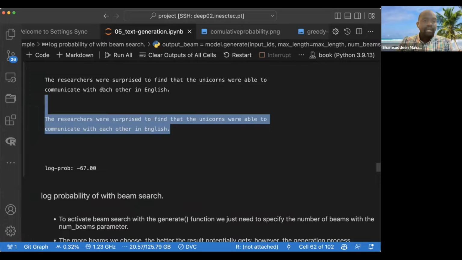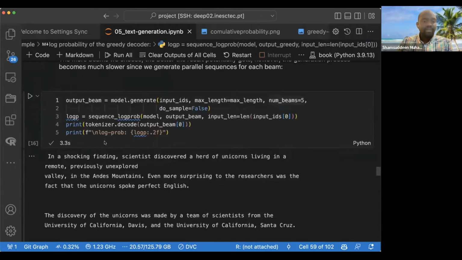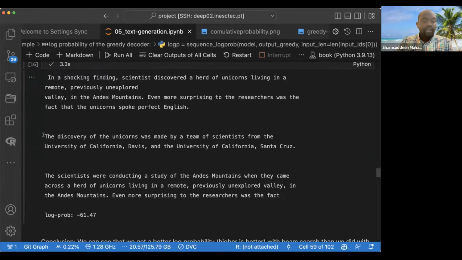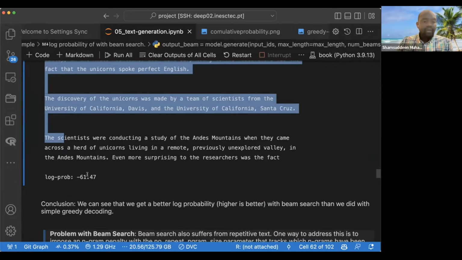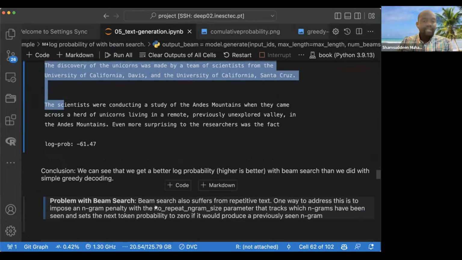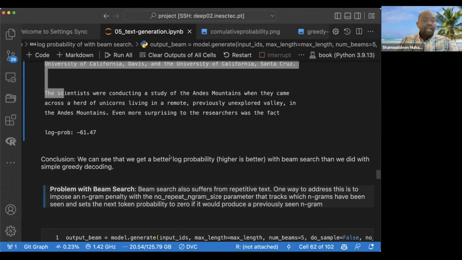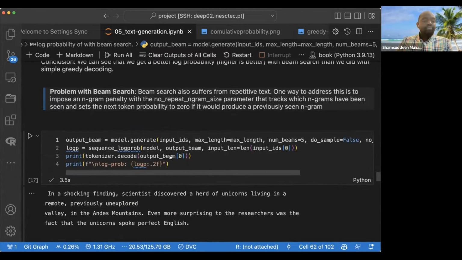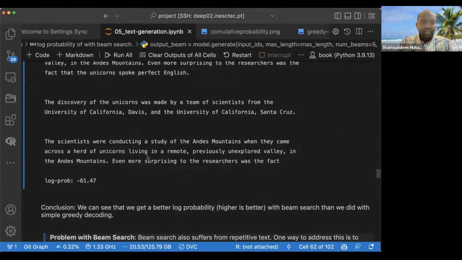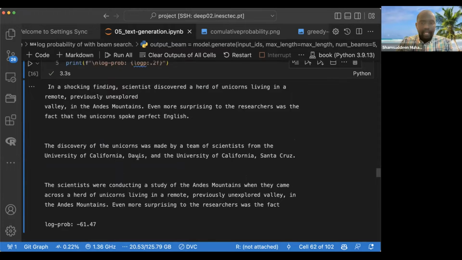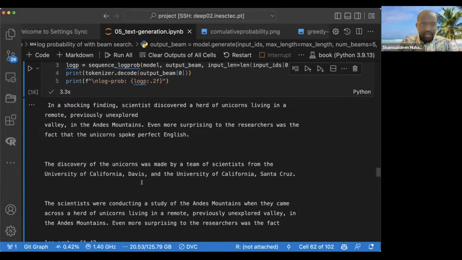The greedy search has this kind of repetition, but the beam search doesn't. And we can see that we get a better, higher log probability with beam search than we did with the simple greedy search. But beam search also has some issues. It does have some repetition as well.